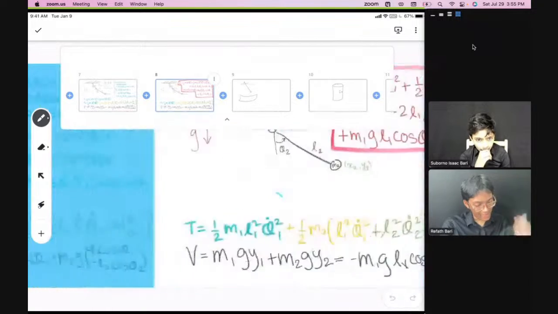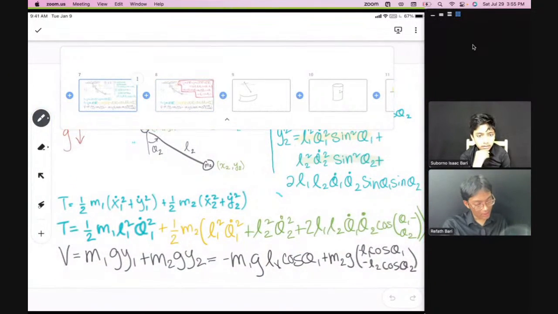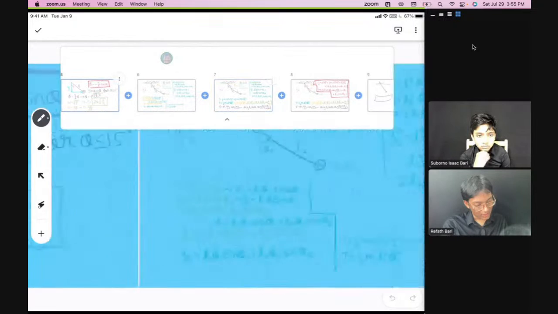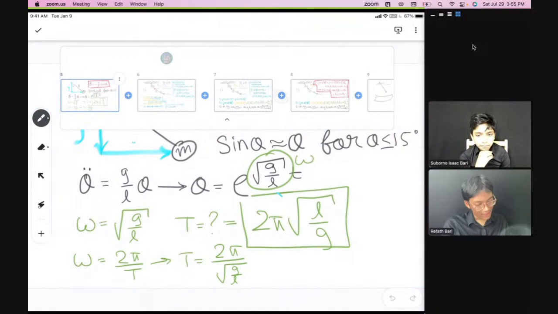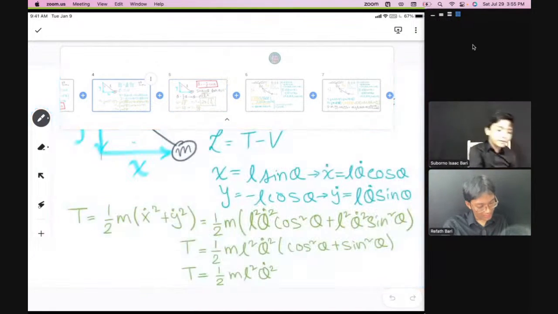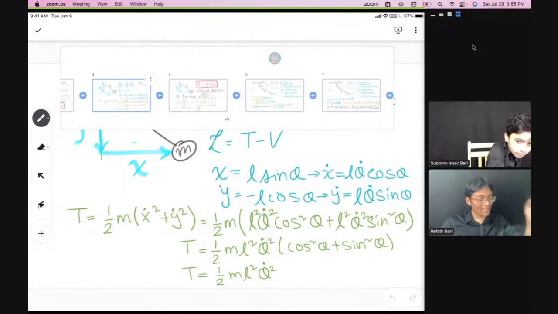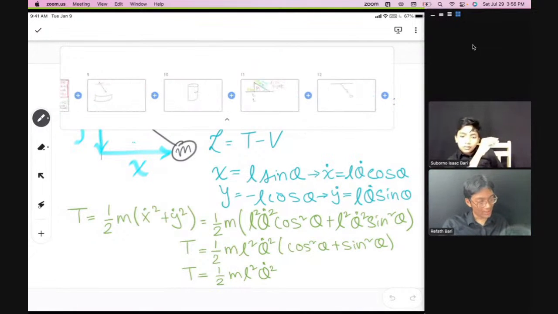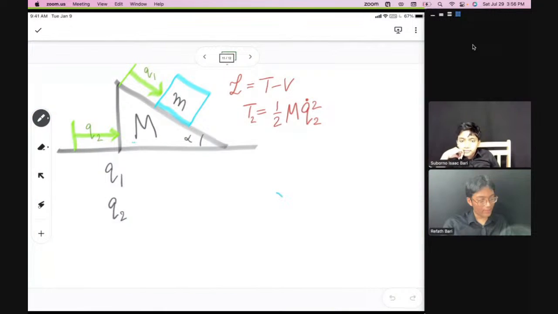Did we translate x and y to the general coordinates, or vice versa? I believe we perhaps did vice versa. Yeah, we translated x and y to those coordinates, I think. So let's keep going. Eventually we have to find q1 and q2. Then I have a little bit of a better idea.